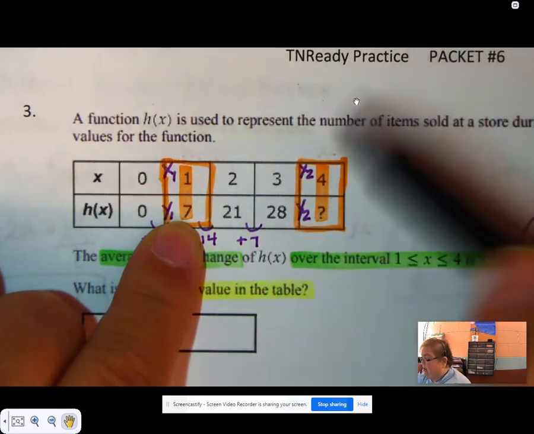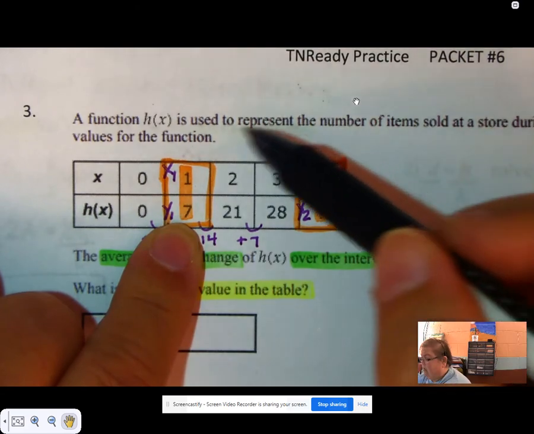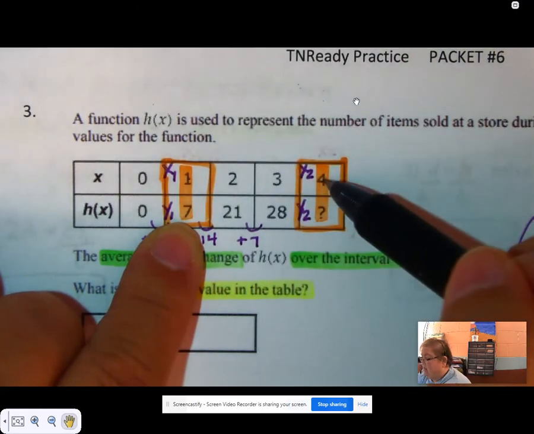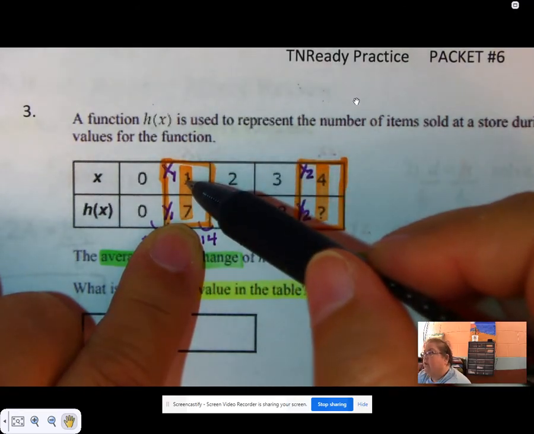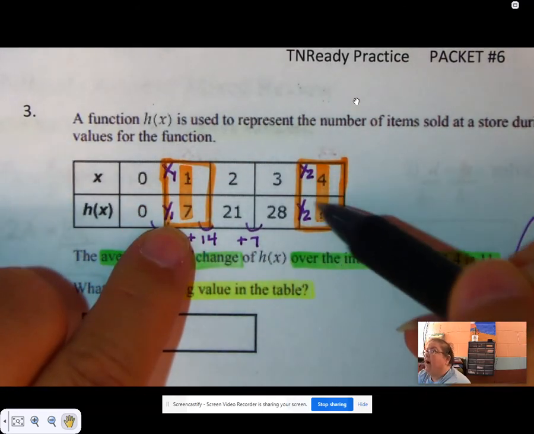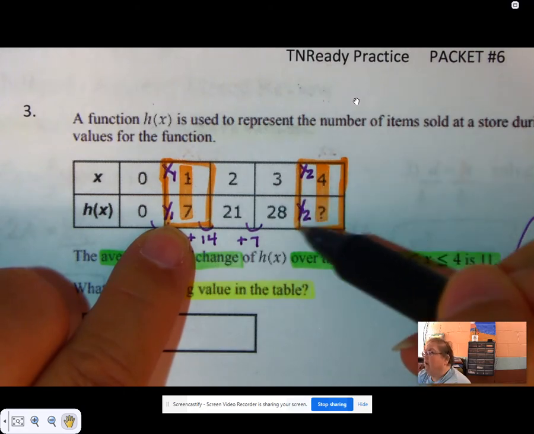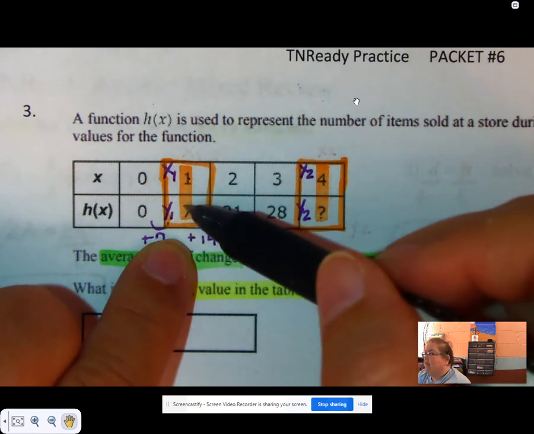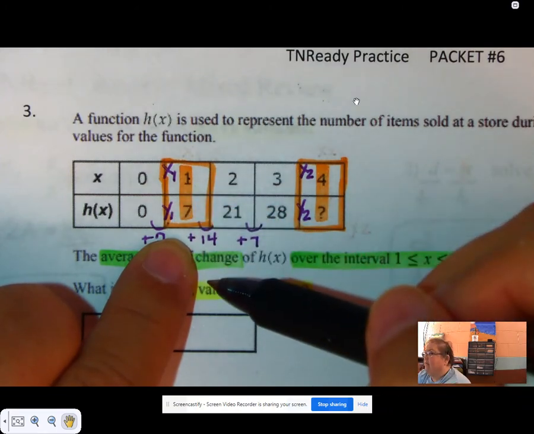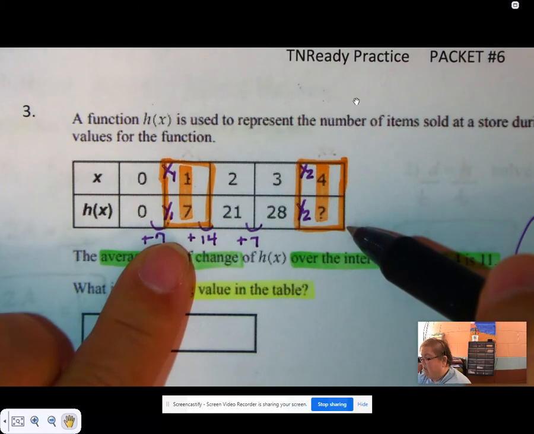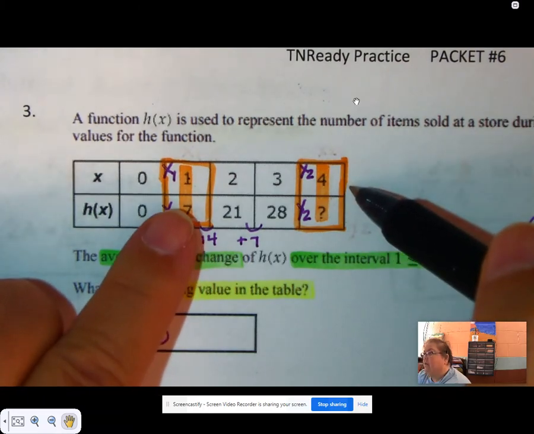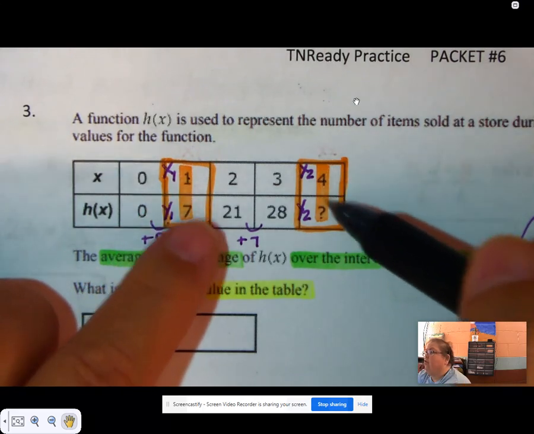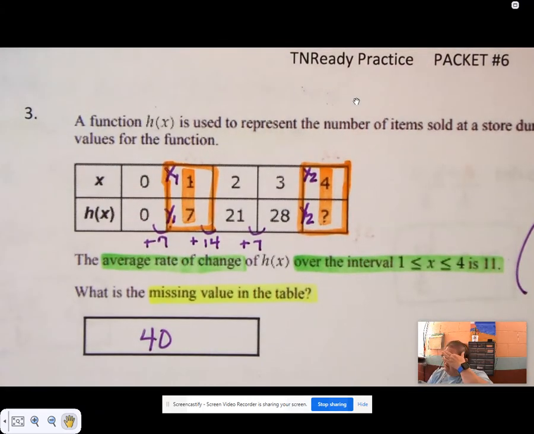Okay, so I've got x sub 2 minus x sub 1. What matches up with that? I don't know, so I just put y sub 2 there to find it, minus 7. Okay? Y is on top, x is on the bottom. It asked for these two, so I have to use the corresponding y's.